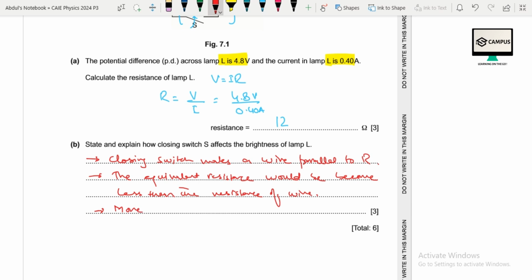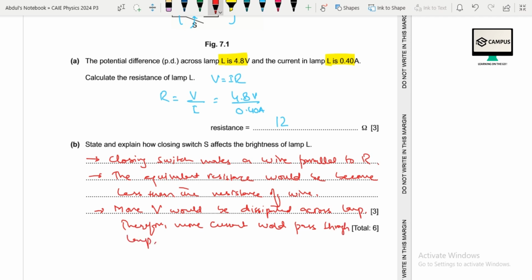More voltage would be dissipated across lamp, and therefore more current would pass through lamp, making it shine brighter. All right, that's comprehensive.